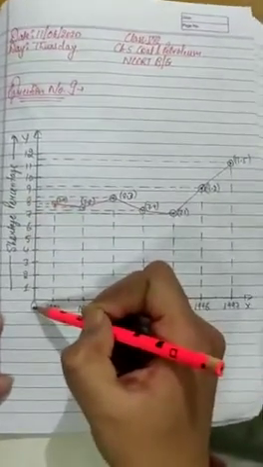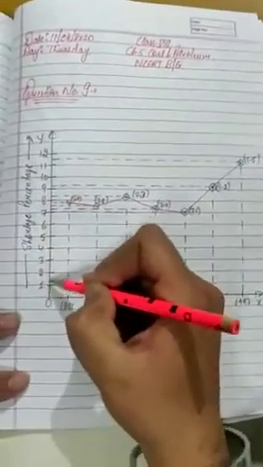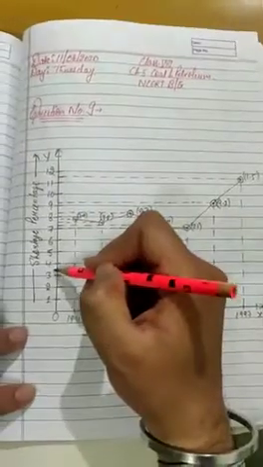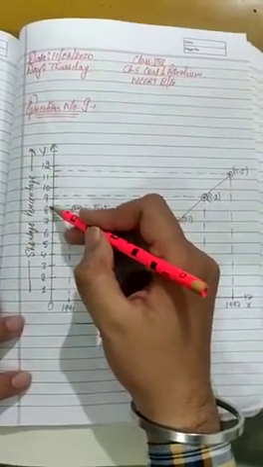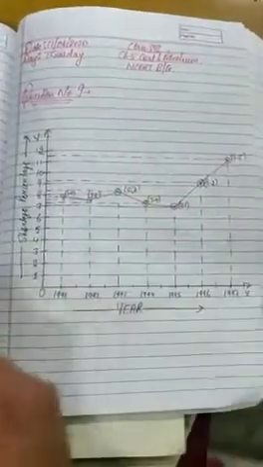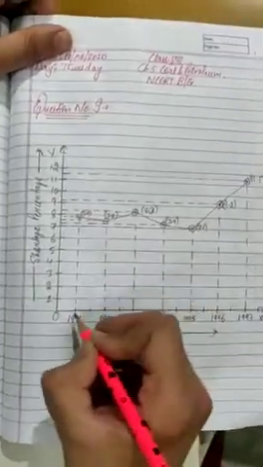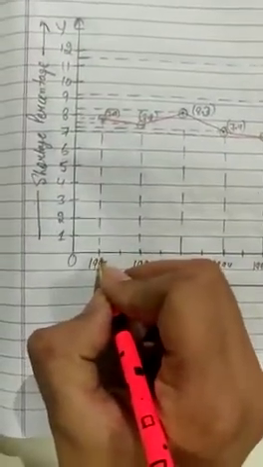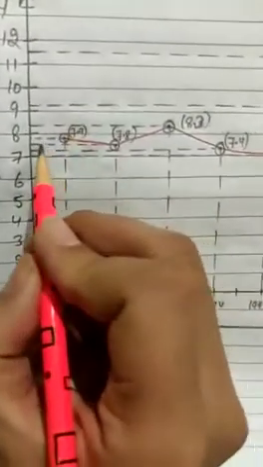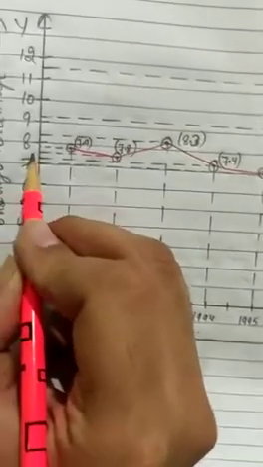Okay, so this is the origin and I have taken the scale of 1, 2, 3, 4, 5, 6, 7, 8, 9, 10, 11 and 12. So now we will draw the points. You can see from the table, in 1991 the shortage was 7.9%. So I will mark the point for 1991. 7.9 will come just below the 8.